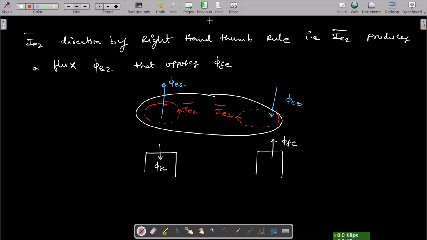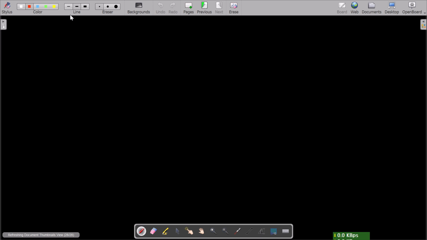Now we will draw the phasor diagram for the above scenario. This is the reference phasor.